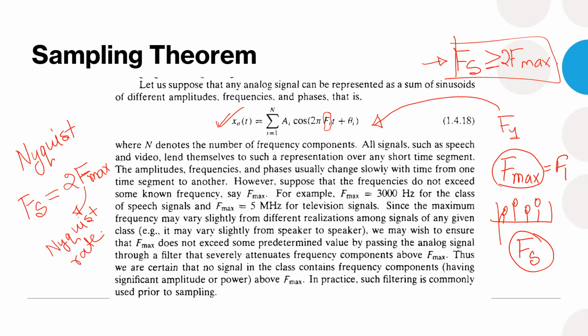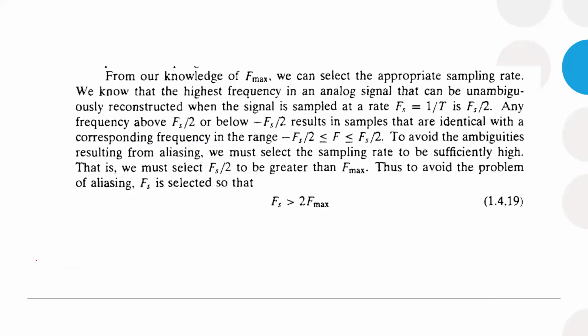Okay. So if the maximum frequency of a signal is, say, for example, 3000 hertz, then the sampling frequency fs, or the Nyquist rate, should be equal to 6000 hertz. Now this is the sampling frequency fs. So fs should be greater than or equal to twice of f maximum.